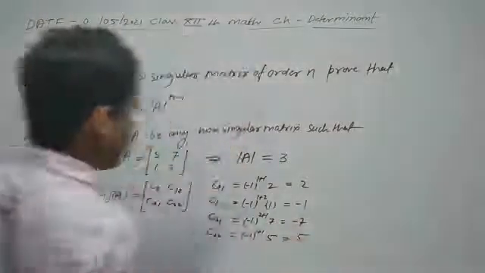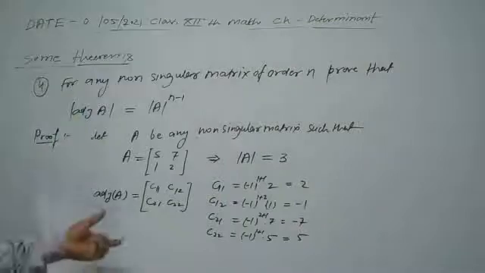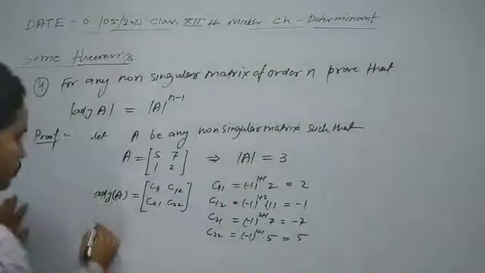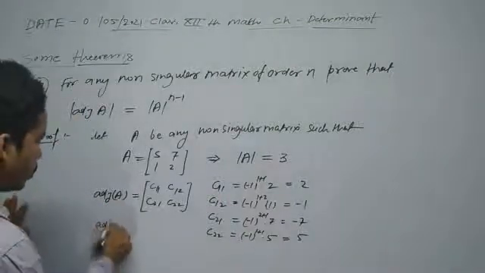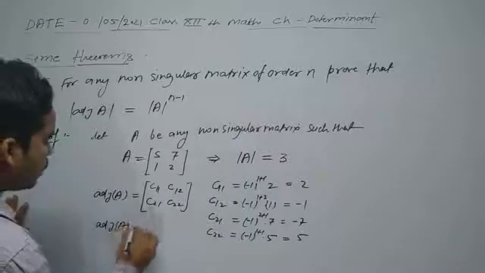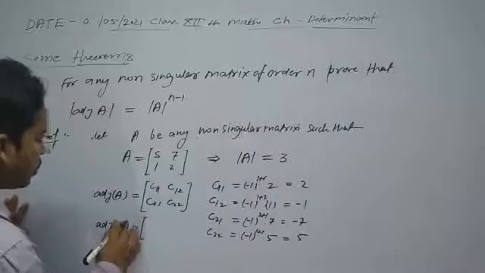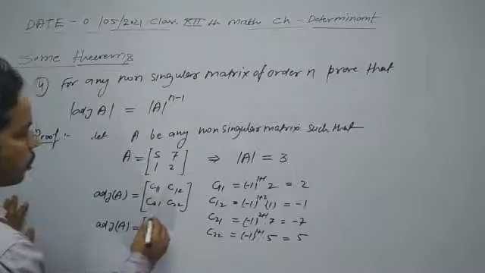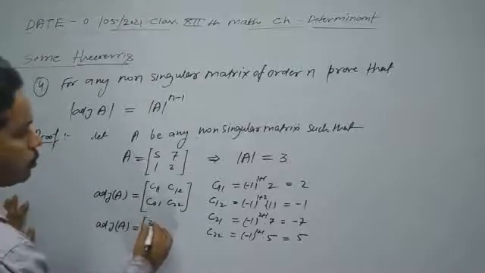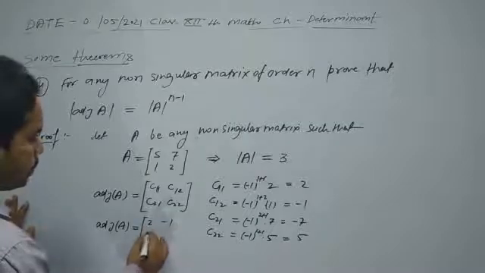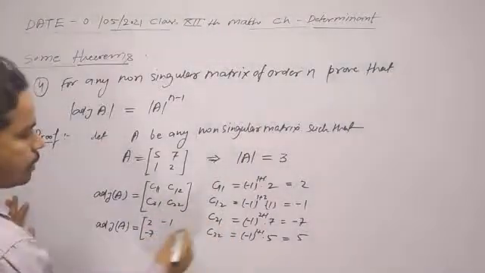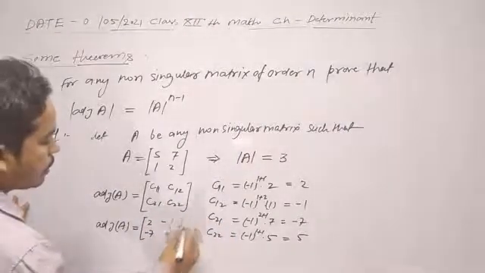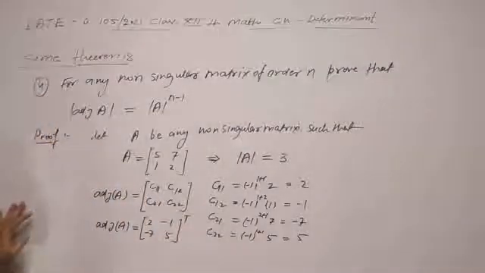So adjoint of A is equal to the matrix 2, minus 1, minus 7 and 5, and we have to take its transpose.